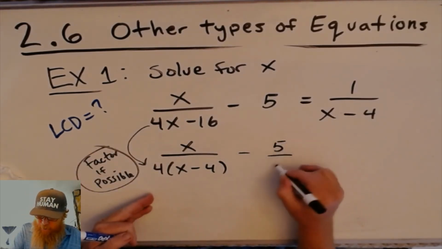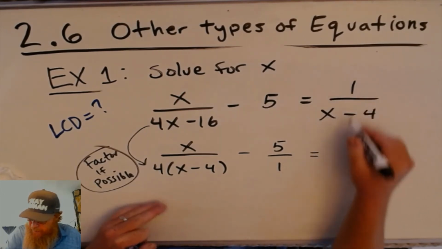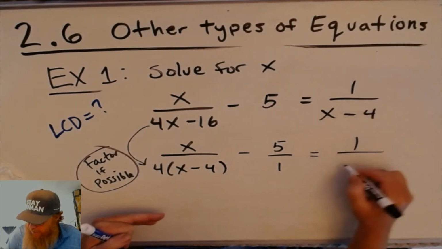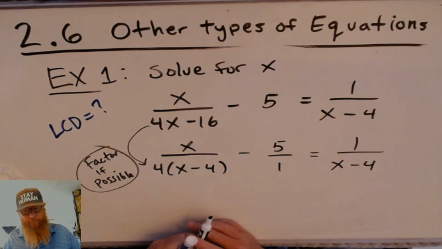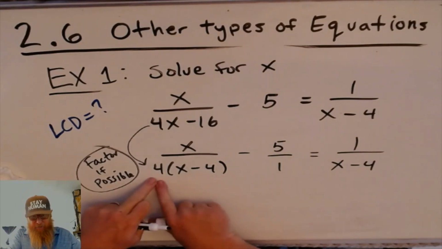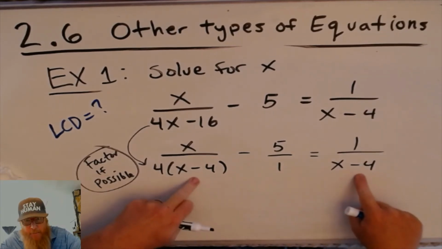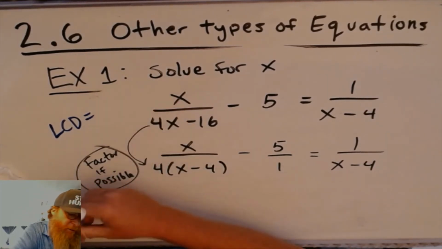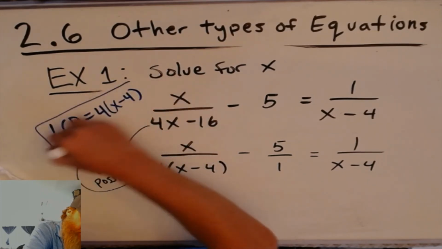Minus 5 over 1. There's an invisible 1 here. And then this is not possible to factor. So x minus 4, it's not possible. So the LCD is 4 times 1 times x minus 4. So in other words, it's 4x minus 4.